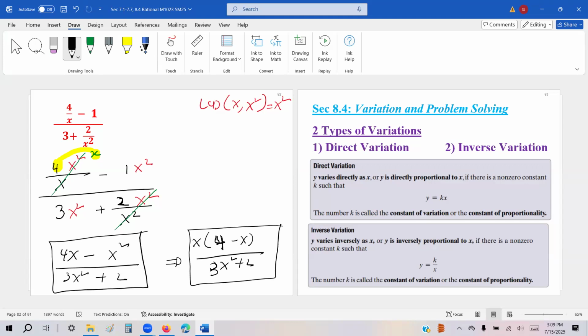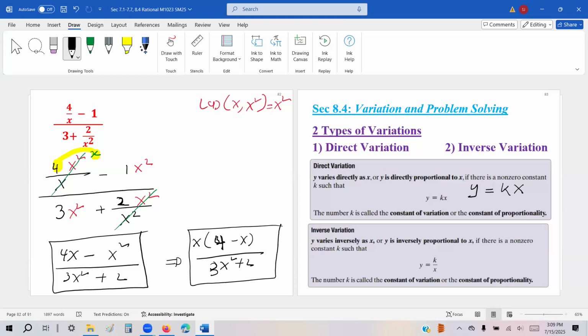That rate is telling you how the two things are changing. So here, this constant rate is represented by the letter K. So let's say X and Y have a direct relationship. So we represent that with the equation Y equals KX. It means Y is changing with X at a constant rate of K. Y is changing directly with X with a constant rate of K.